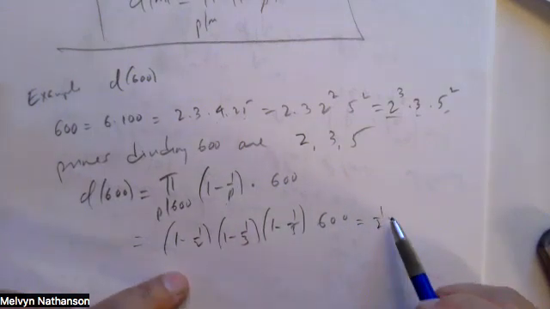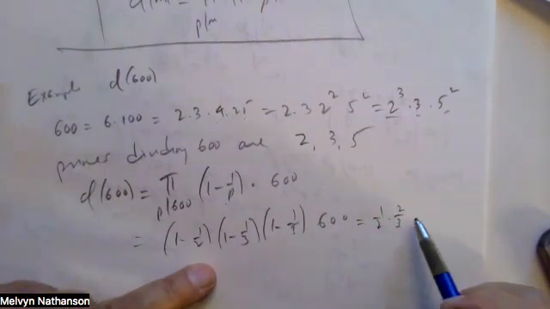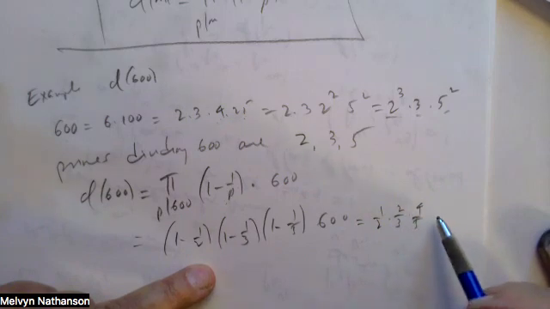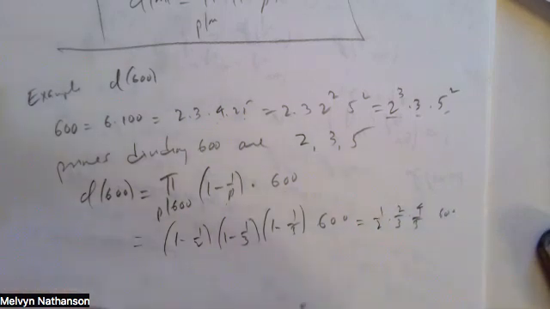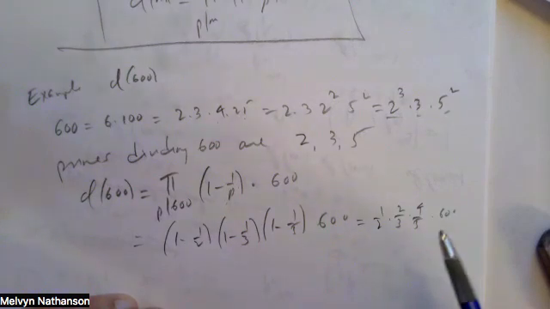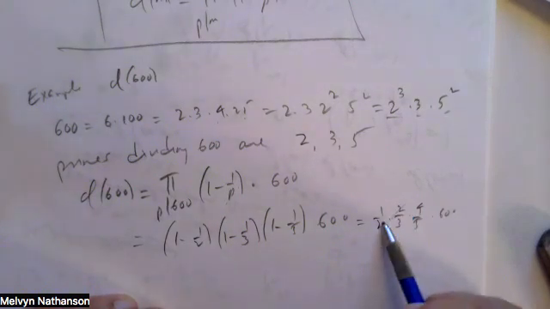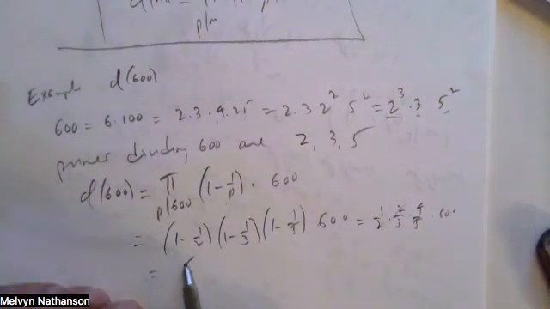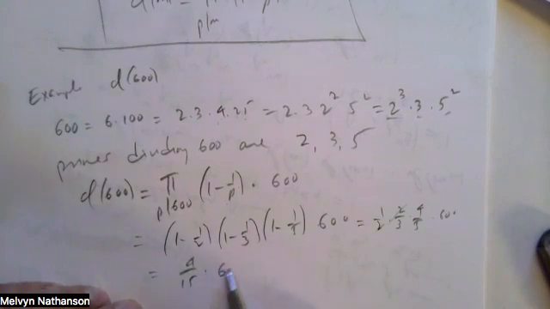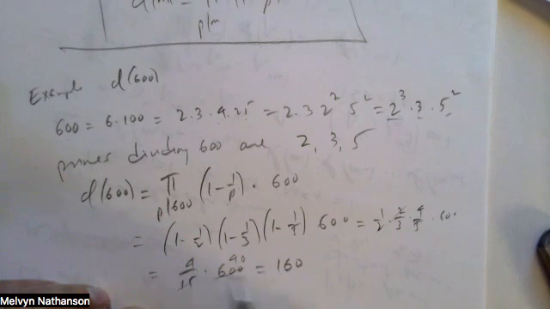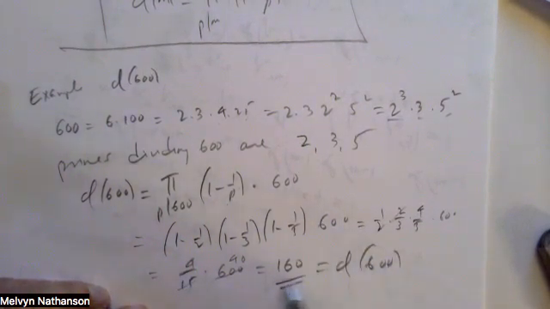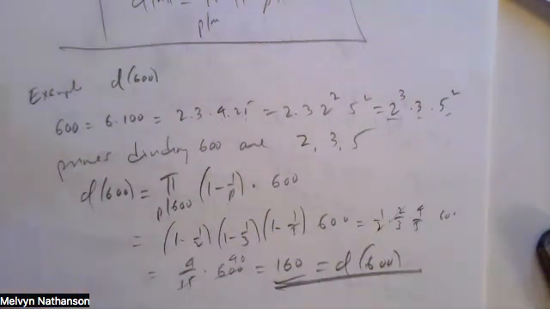That's equal to a half times 2 thirds times 4 fifths times 600. Let's see, what is that? The 2's cancel. That's 4 over 15 times 600. 15 into 60 goes 4, so 15 into 600 goes 40. So phi of 600 is 160.